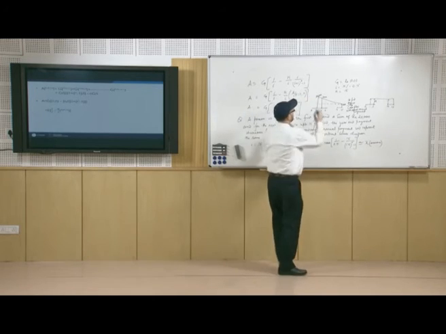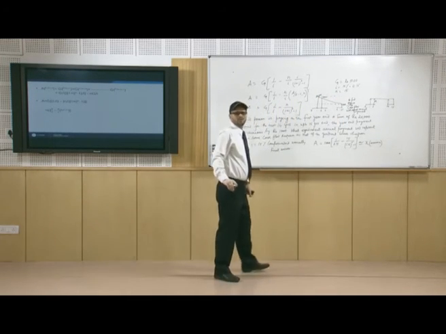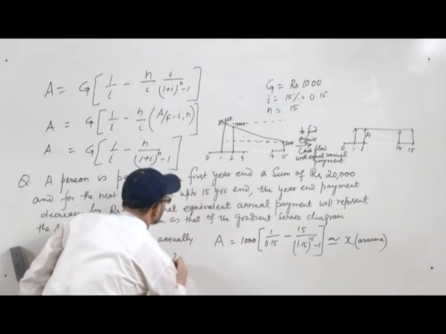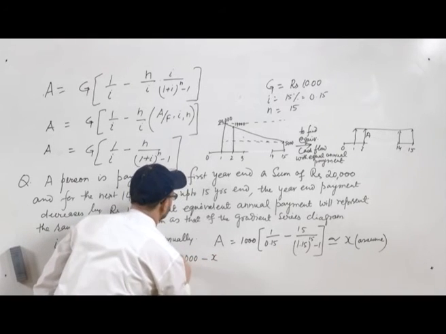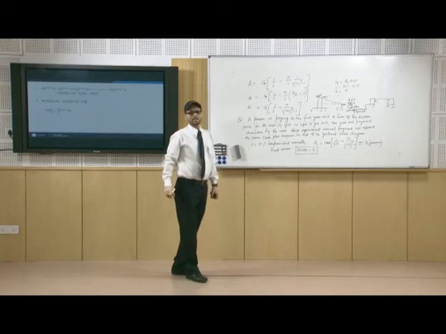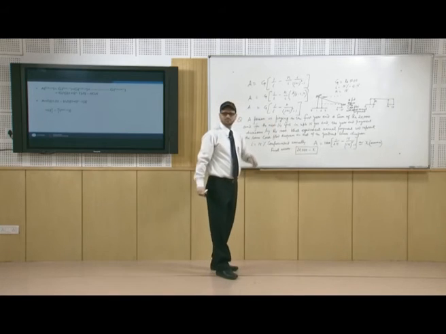This x amount will be basically deducted from this 20,000. So your final answer will be 20,000 minus x. So this way you solve such problems.